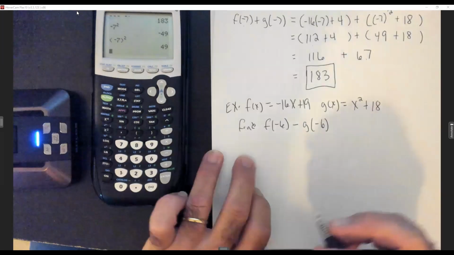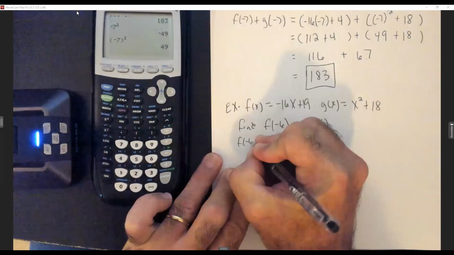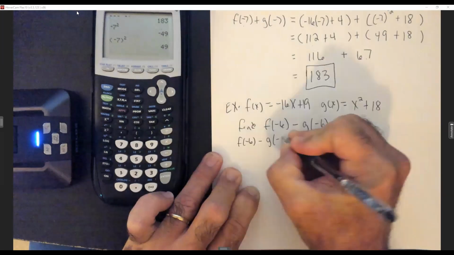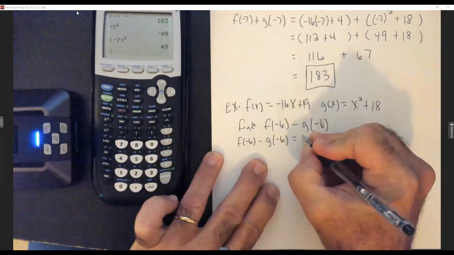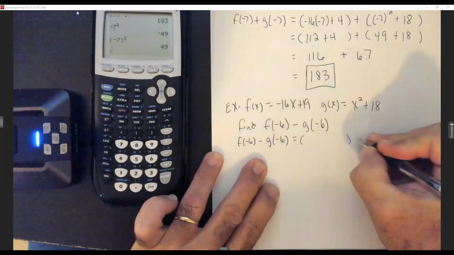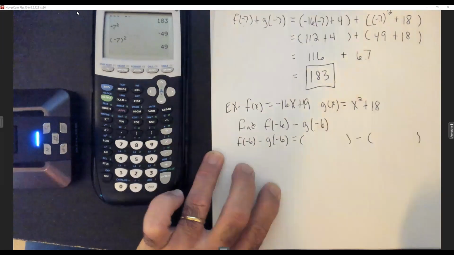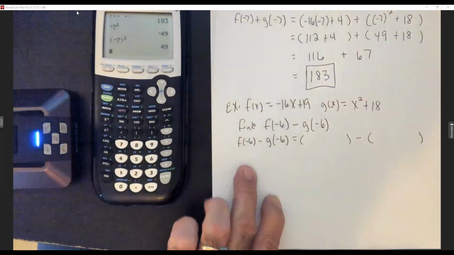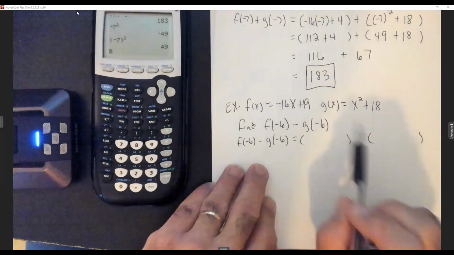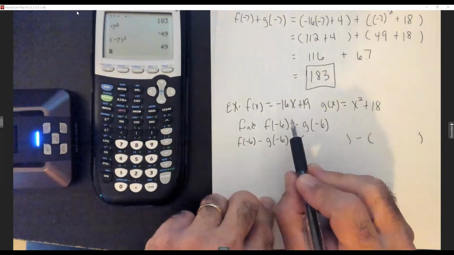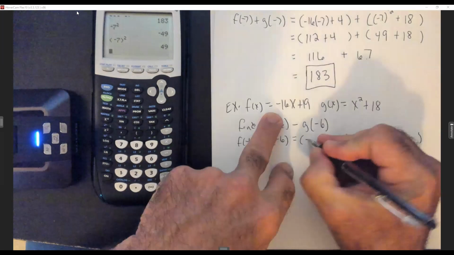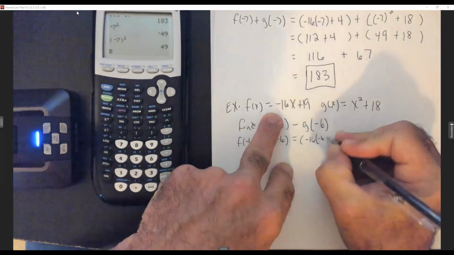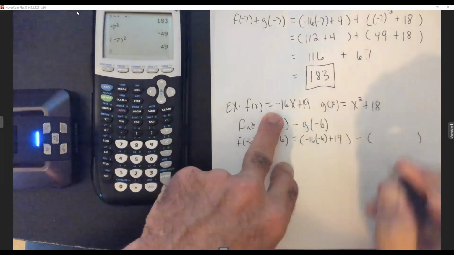Alrighty, so I know f of negative 6 minus g of negative 6 is going to equal my f minus my g. So remember, I'm putting negative 6's in for their x's. So for f, we'll have negative 16 times that negative 6 plus 19.